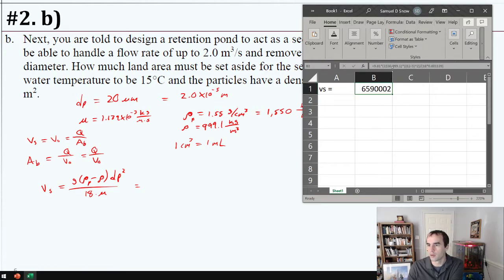What did I do wrong? Oh, I put E2 here, which would be 0. That should have been 2 times e to the minus 5. So 2 times 10 to the minus fifth.